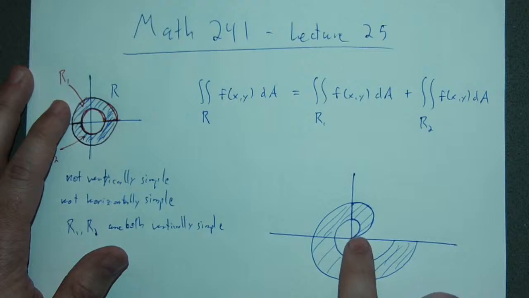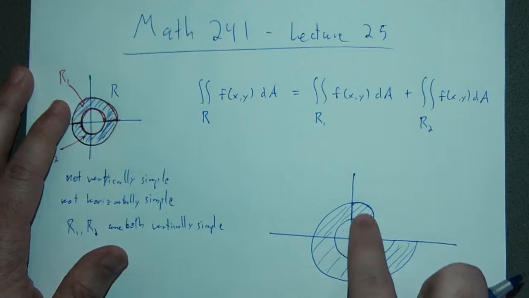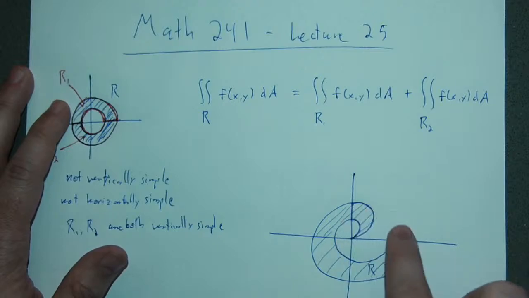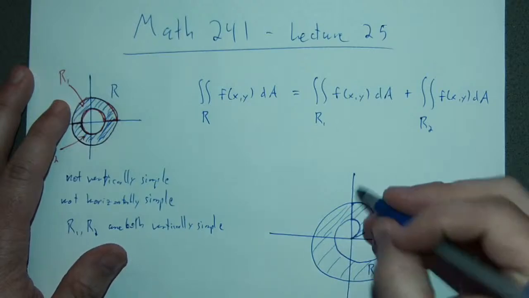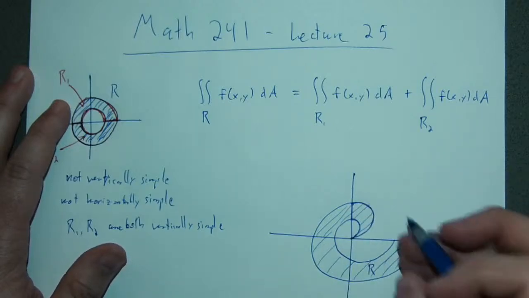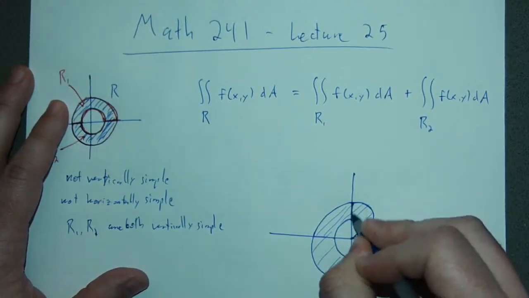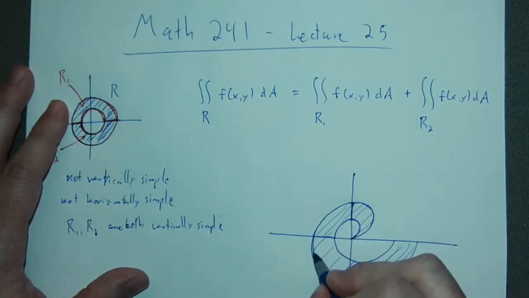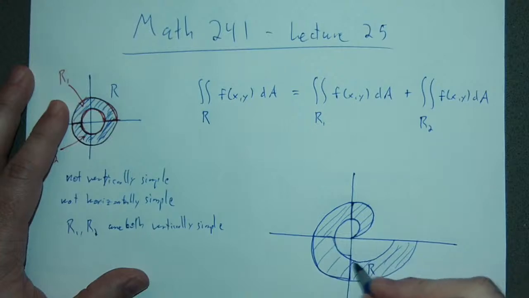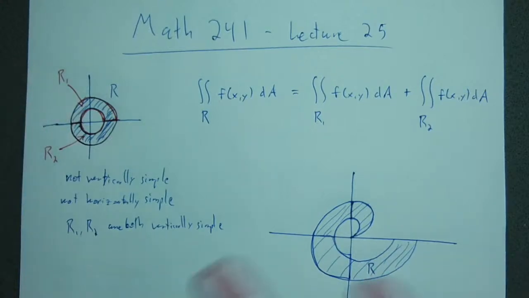I need to make sure that my function passes the horizontal line test if I'm using left and right functions. So this does. And then I could split this into another piece, and another piece, and then lastly, I have that piece. So I could break this into like 4 pieces and do it, but this would be horrible. This would take me forever to do it this way.